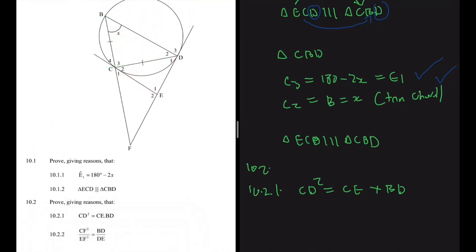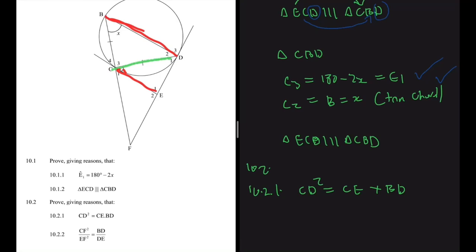So we want CD squared to be equal to CE multiplied by BD. If you pay attention here, these sides that we're interested in are sides on our similar triangles, right? So we can use the fact that those triangles are similar to find 10.2.1.